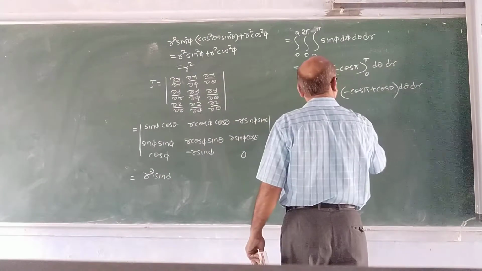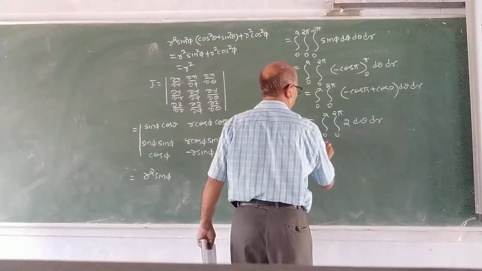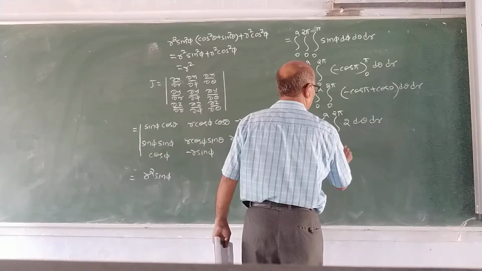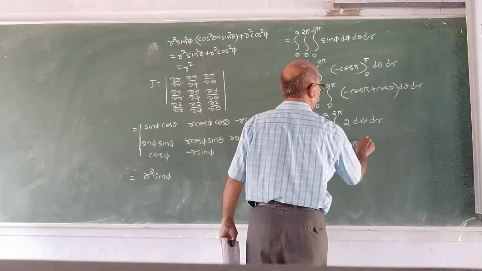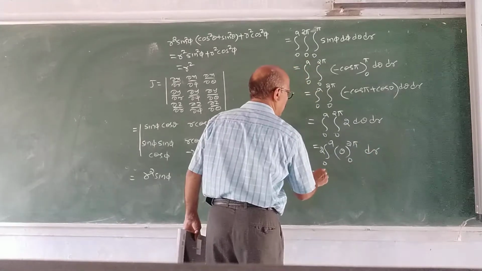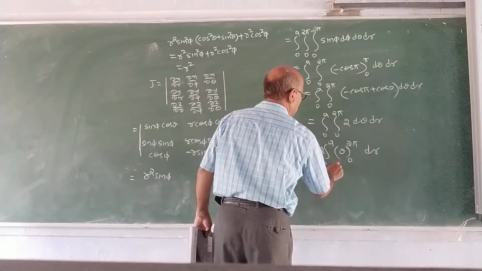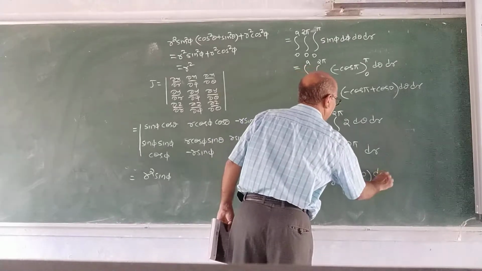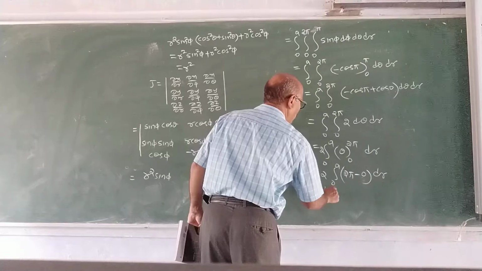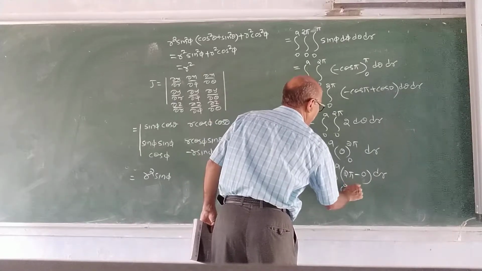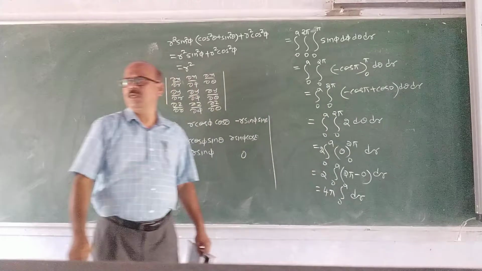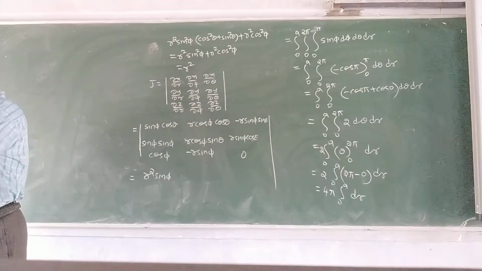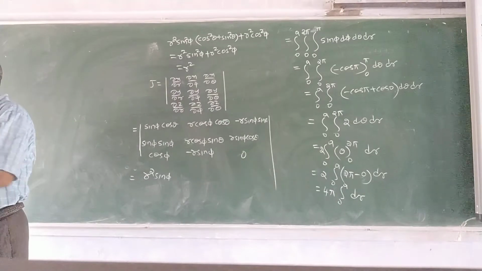So 2 d theta dr. 0 to a, 2 common, theta from 0 to 2 pi, dr. So 2, 0 to a, 2 pi minus 0, dr. So 4 pi, 0 to a, dr. What are the limits assigned to r? 0 and a.